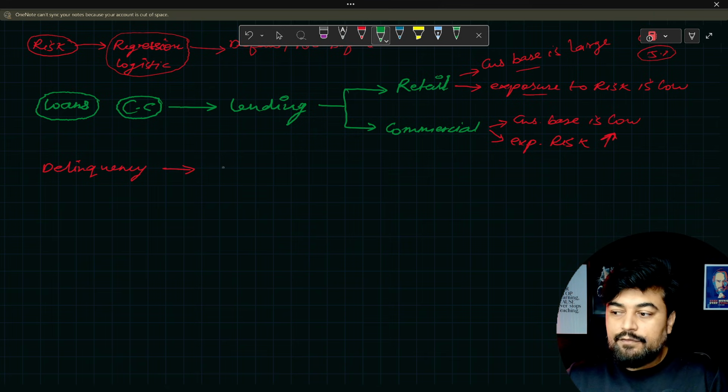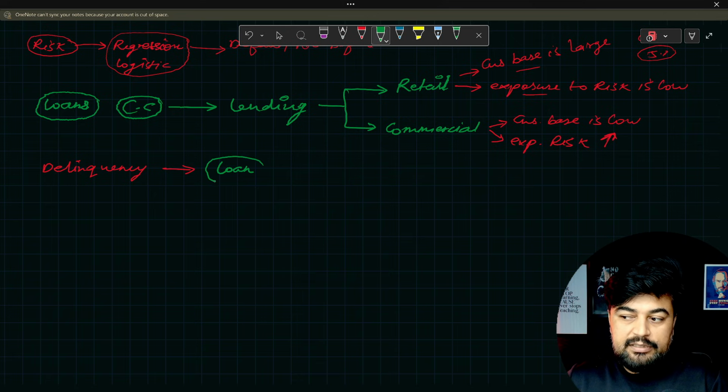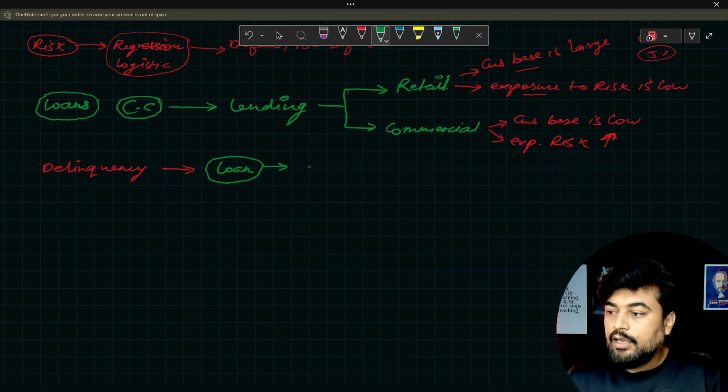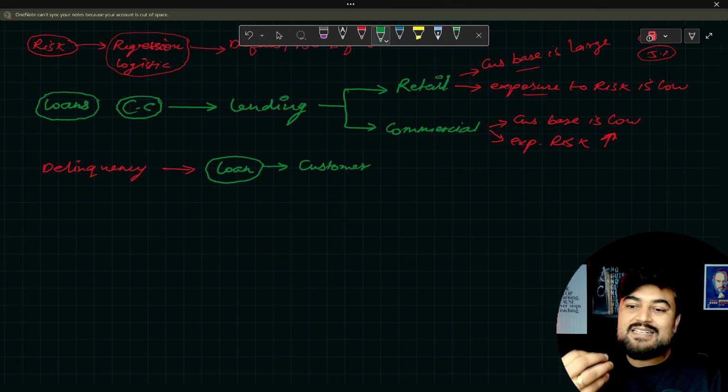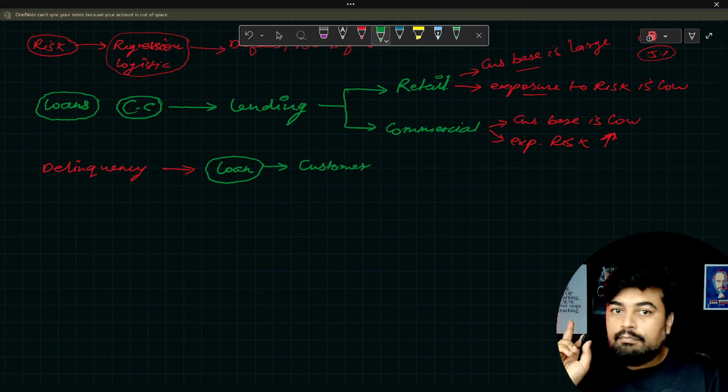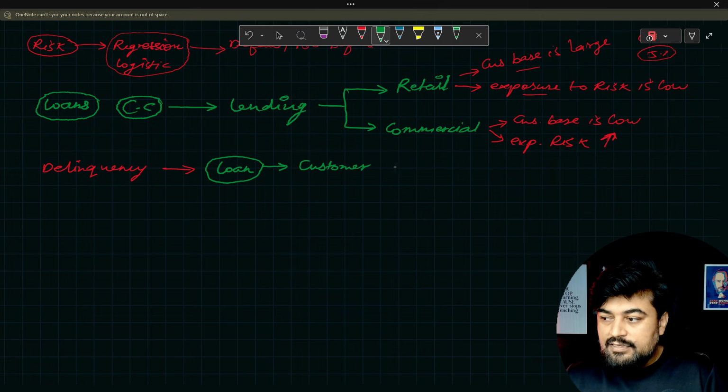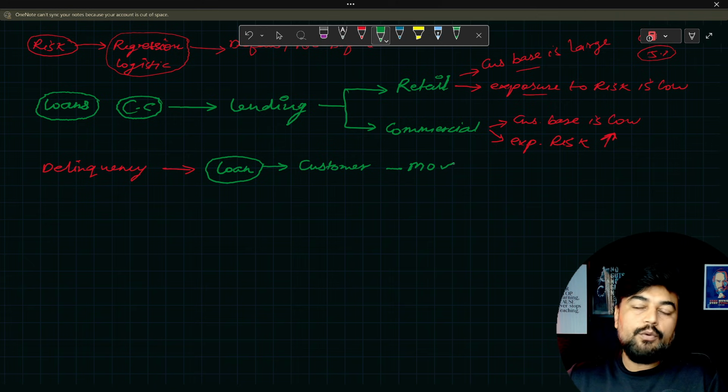When we give the loan, there is a month when the loan was originated and given to the customer. Now this customer has the money, so obviously they will start paying the EMI from the first month. So obviously in month 0, the customer cannot be delinquent.